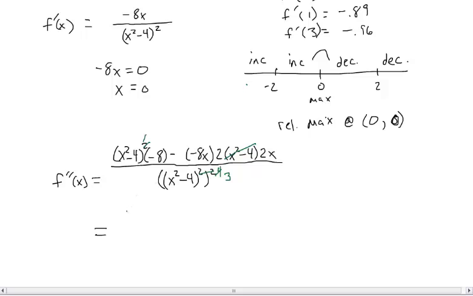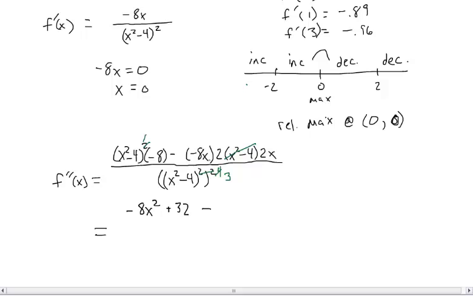So I have −8x². And then we have −8 times −4, so plus 32. And now we have minus, and we have a −8x, a 2, and a 2x.